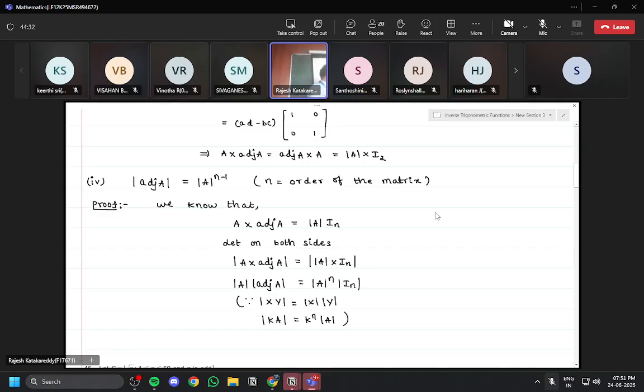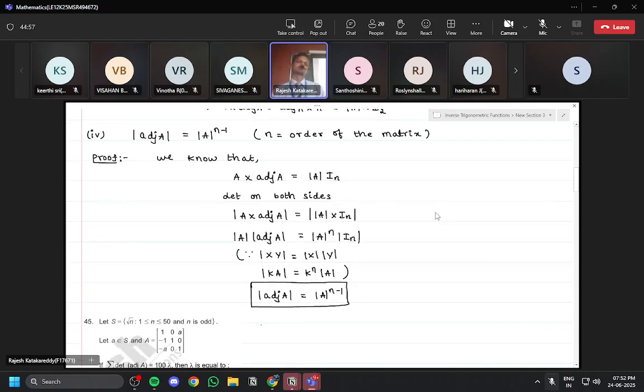I cancel determinant of A on both sides. One determinant of A got cancelled, and I can write determinant of adjoint of A is equal to determinant of A to the power n minus 1, where n is the order of the matrix.